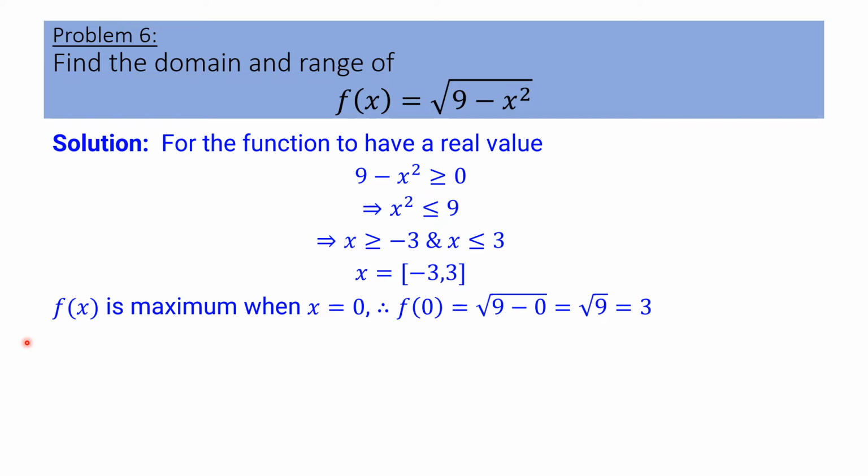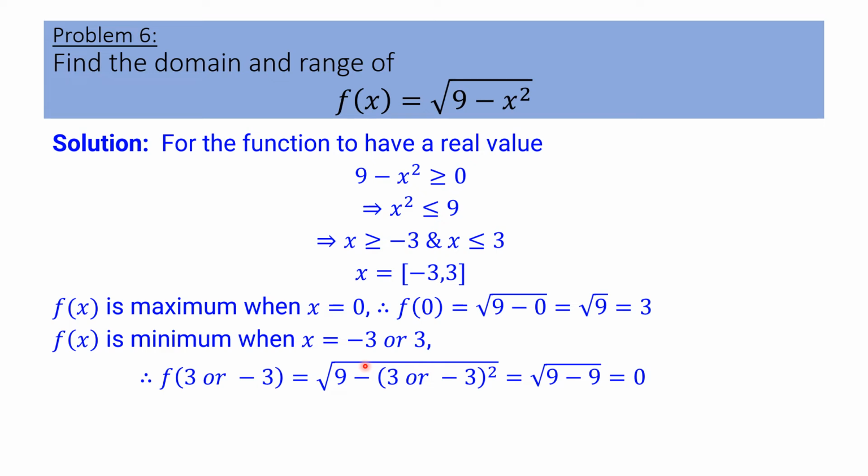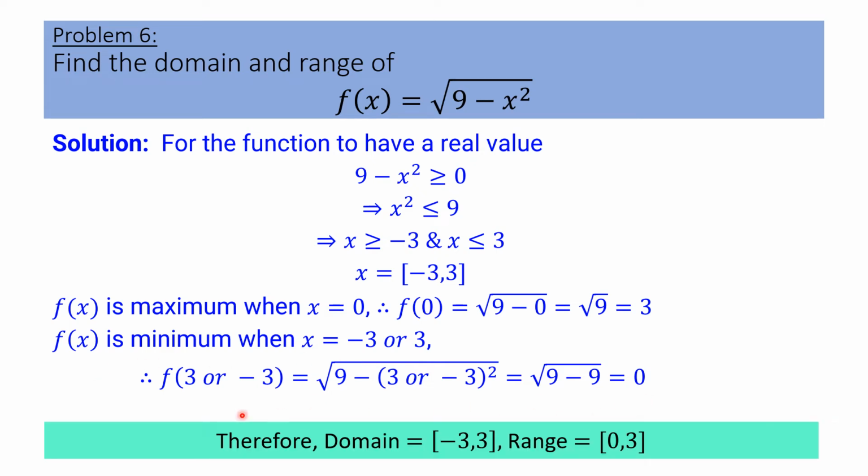The maximum value of f(x) is 3 and f(x) is minimum when x is equal to minus 3 or 3. The minimum value of f(x) is 0. Therefore, domain is equal to the closed interval [-3, 3] and range is equal to the closed interval [0, 3].